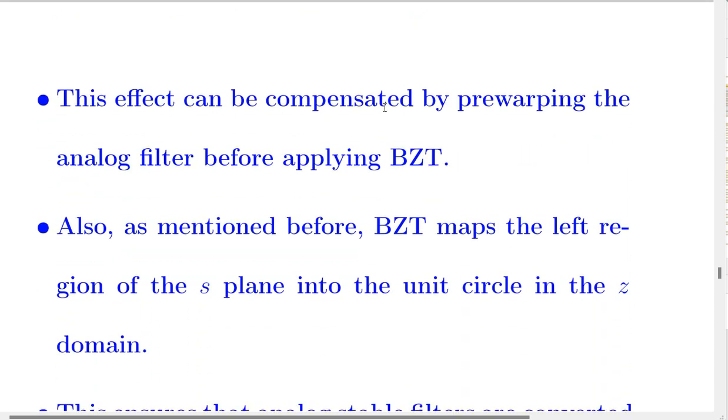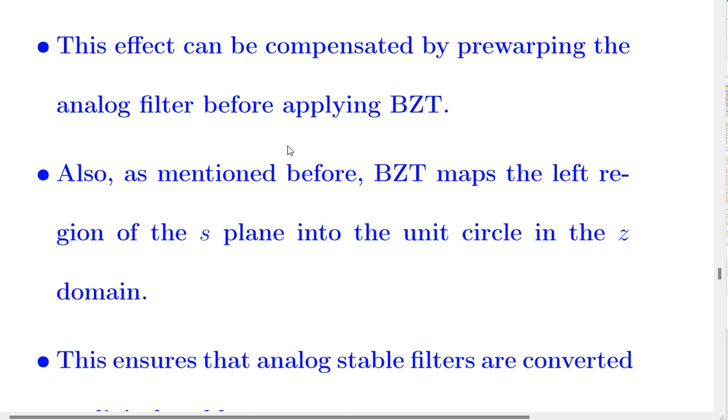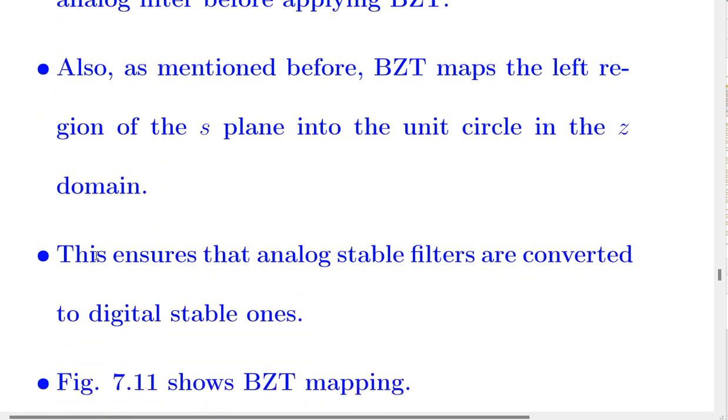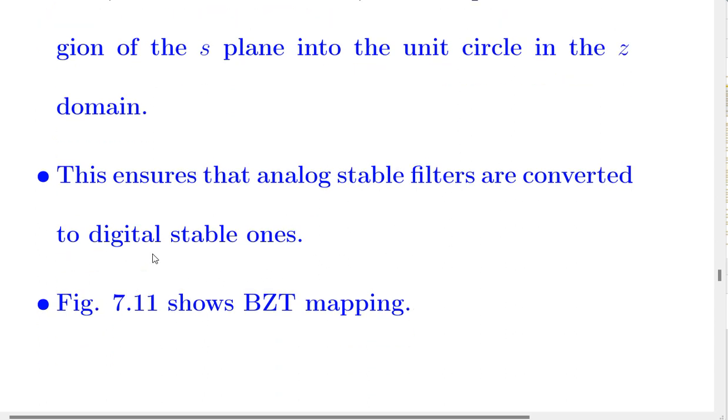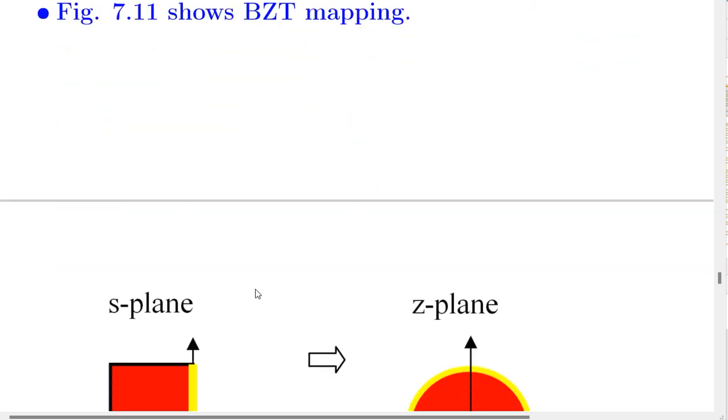This effect can be compensated by pre-warping the analog filter before applying BZT. Also, as mentioned before, BZT maps the left region of the S-plane into the unit circle in the Z domain. This ensures that analog stable filters are converted to digital stable ones, and figure 7.11 shows the BZT mapping.